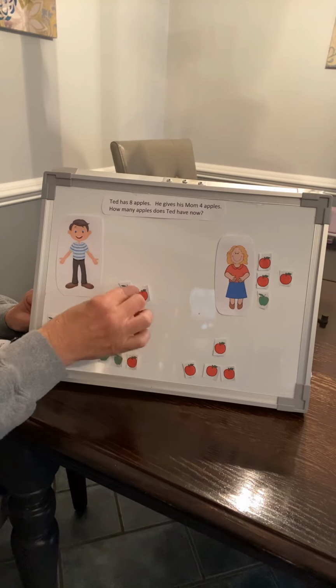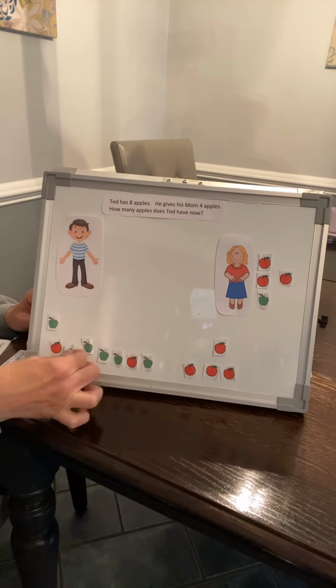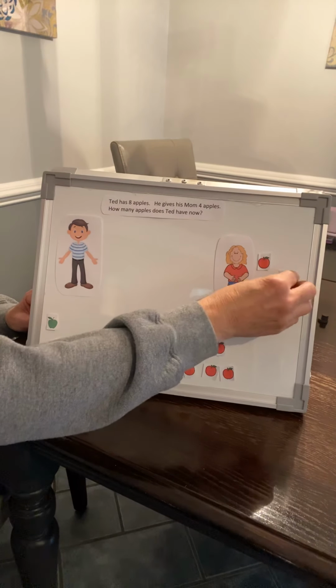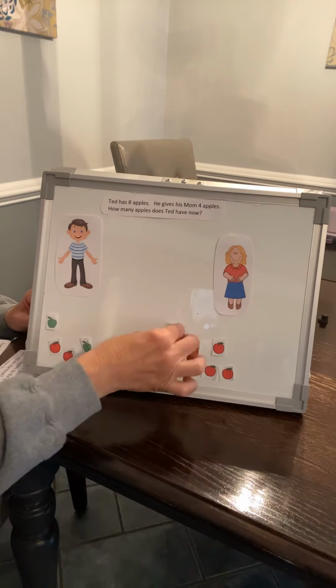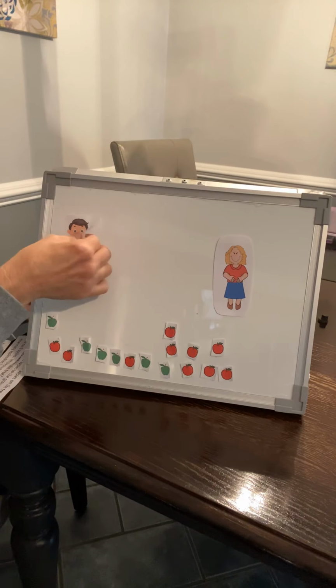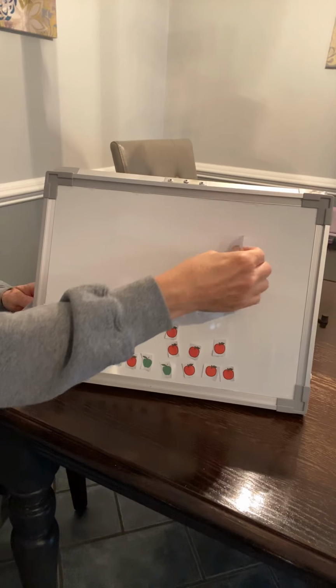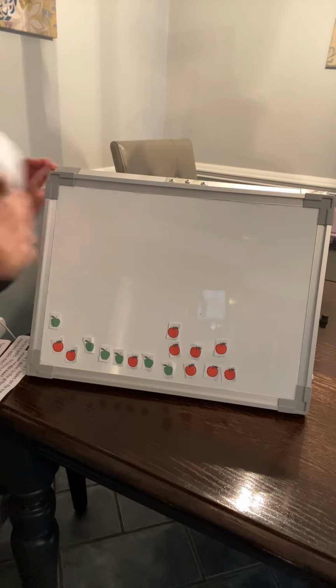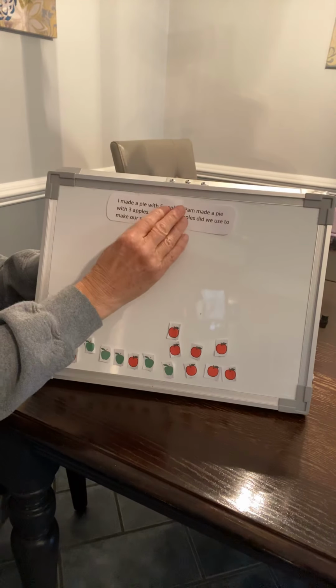All right, I've got one more story for us. Are you ready? Let's take these apples away and let's listen to the next story I want to share with you. So we're going to take Ted and Mom away. Let's look at our story together.